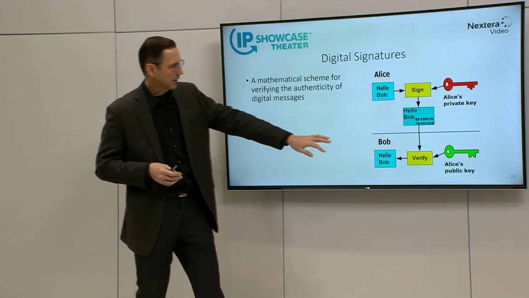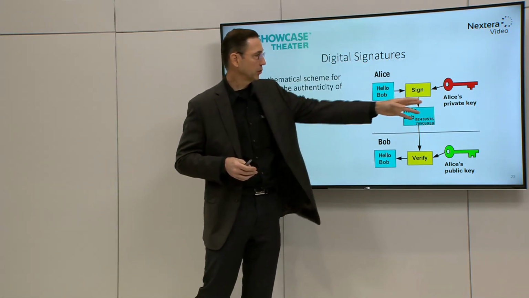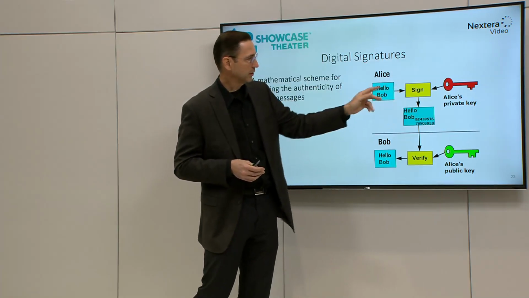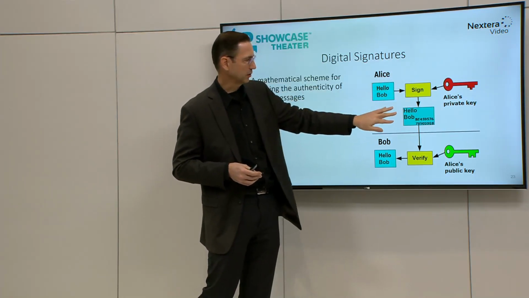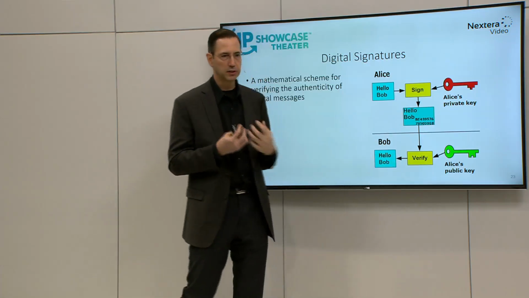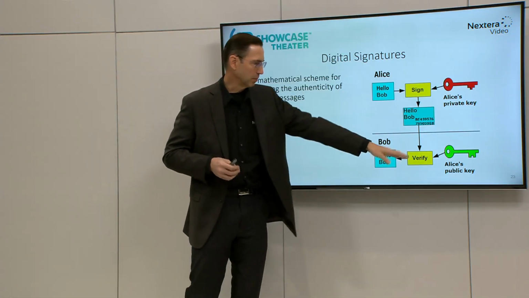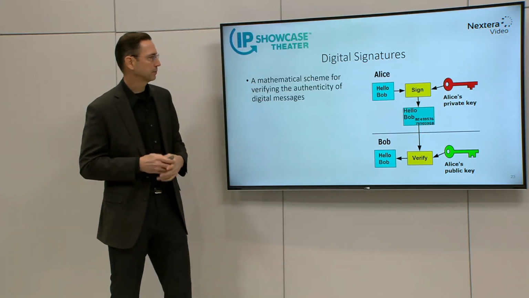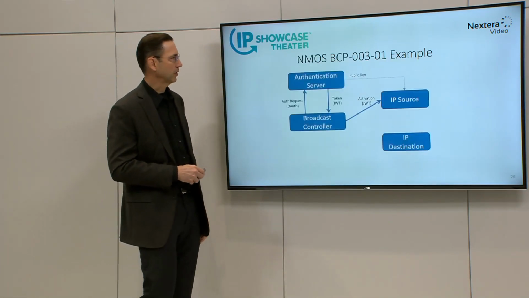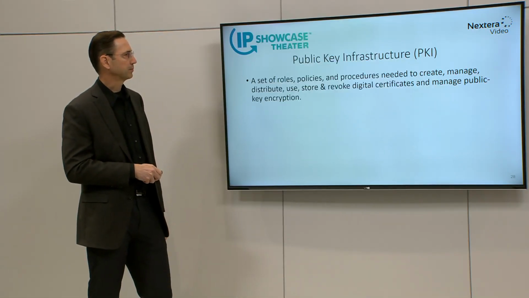In this case, Alice would use her private key to sign a message. This isn't encryption, this is just a signing process that alters the data based on her key, so that when Bob receives it, he now knows that message must have come from Alice, because he's validating it with her public key. So that solves one of the problems of how we make sure we know who has sent the data and where it's come from.